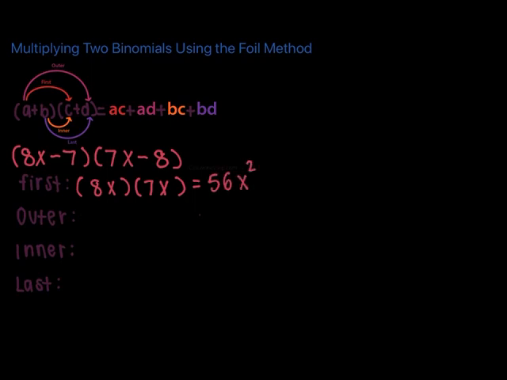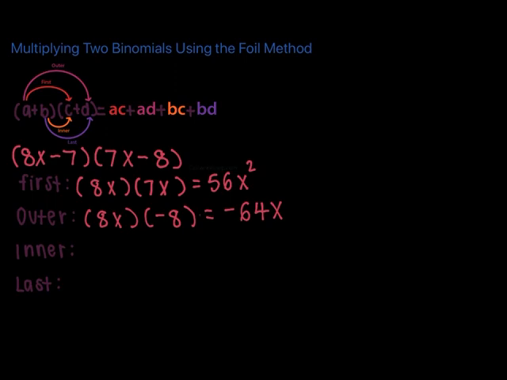Next is the outer, and that would be a times d, which is 8x times negative 8, which would be negative 64x.